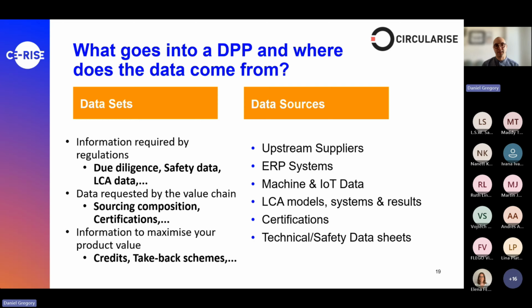You'll have data requested by the value chain, so sourcing compositions, understanding where things are from, origin data, certifications, different kinds of identifiers for tax or customs reasons and different trade regulations. And then also you can add information that maximizes the product value. So credits or certification, like voluntary certifications that prove that your material or your product is better than someone else's.